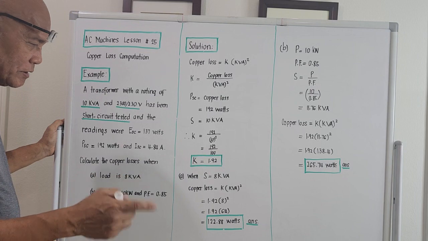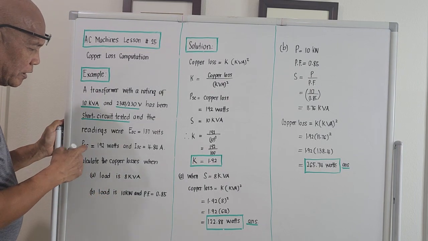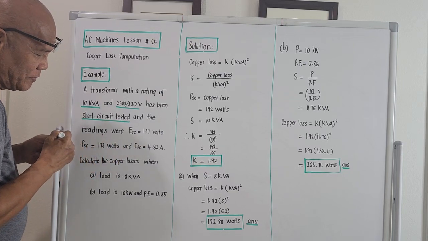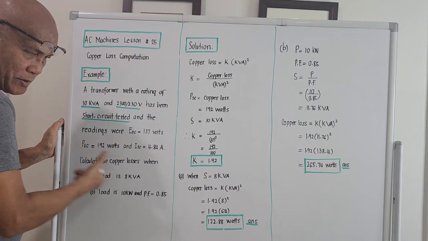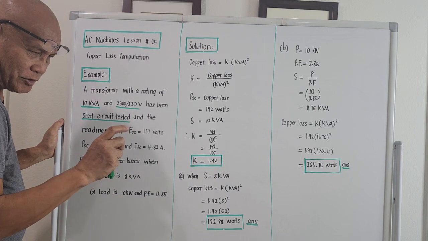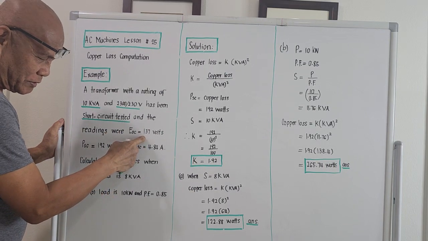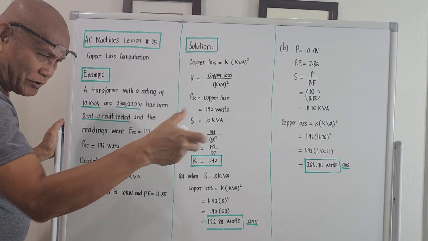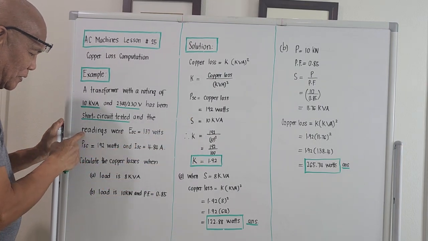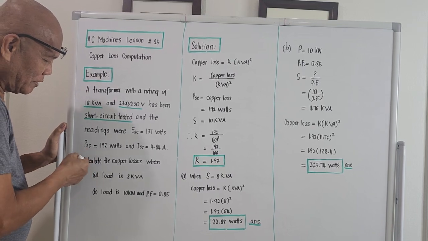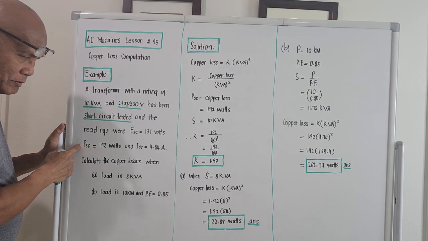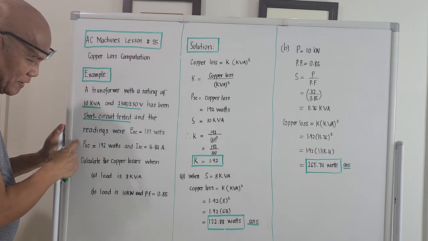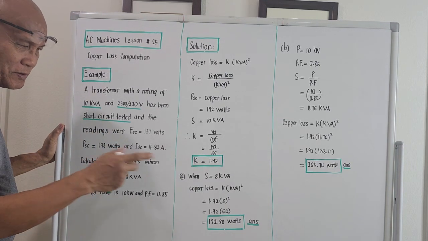Okay, and the readings were: capital letter V with the subscript SC, meaning the short circuit voltage applied on the primary during the short circuit test, is 137 volts. We adjusted this one by using the variac, right? And capital letter P with the subscript SC, meaning the true power, is actually the wattmeter reading.